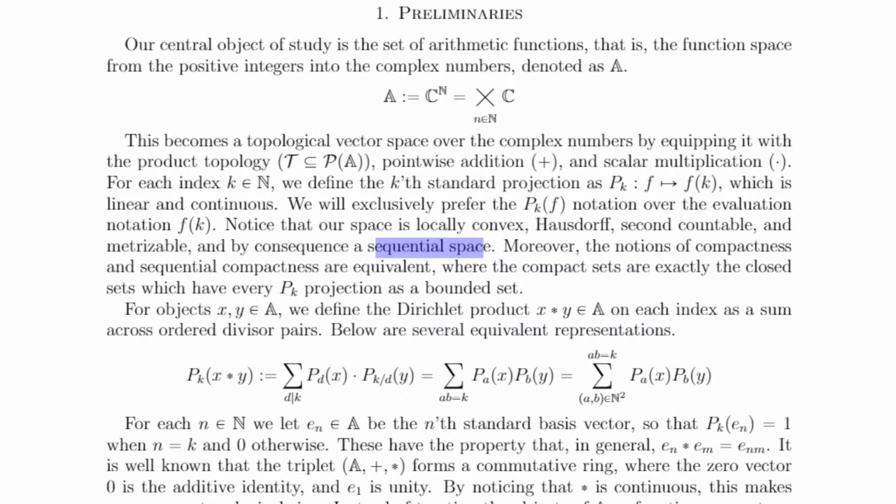That characterization is really useful because it means we only have to think about simple sequences, which are countable objects. So we don't have to worry too much about higher topological notions of continuity. We can just think about sequences just like you would in real numbers.